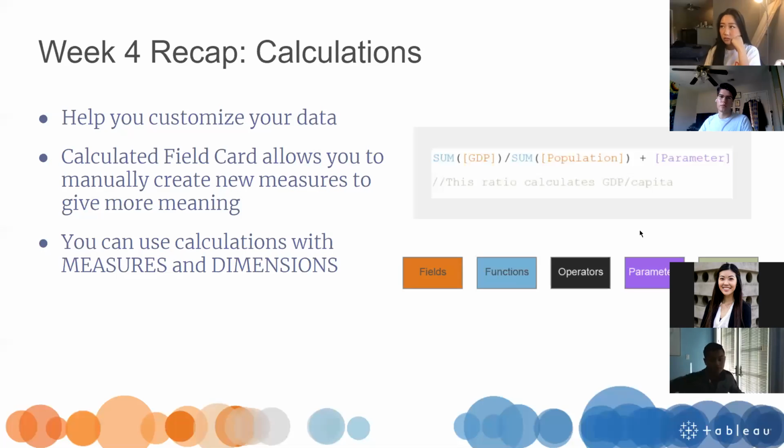Okay, so just a quick recap. Calculations do help you customize your data, and calculated fields help give more meaning to some measures and dimensions. In the example we were talking about right before we started class, for cost, we had two different measures, and we were able to come out with a new measure called cost by subtracting profit and, what was it?